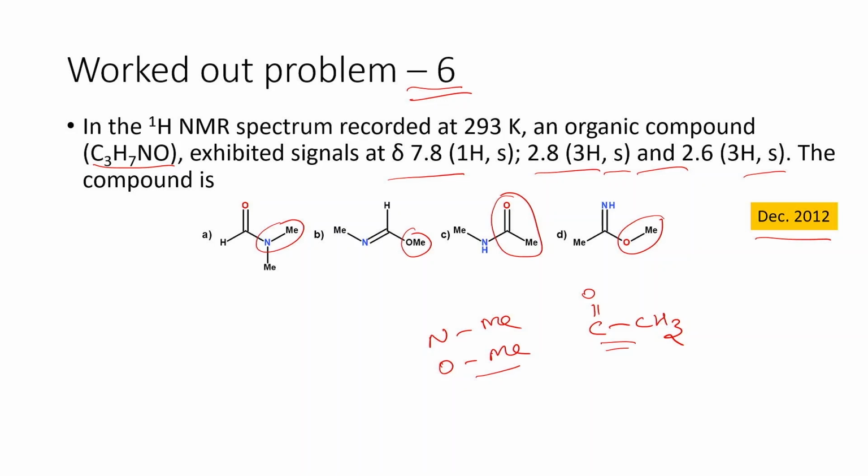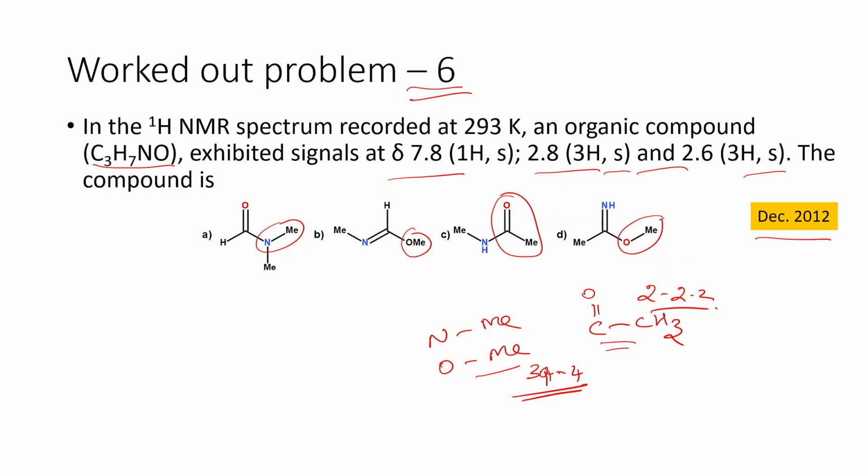In the proton NMR spectrum, we need to know at what ppm they will come. The acetyl methyl generally comes at 2 to 2.2 ppm. The O-methoxy methyl group generally comes at 3.9 to around 4 ppm.